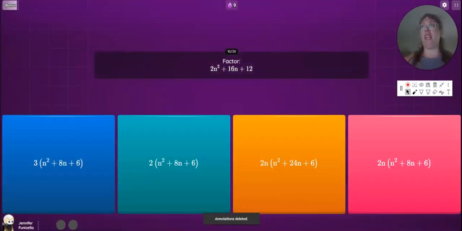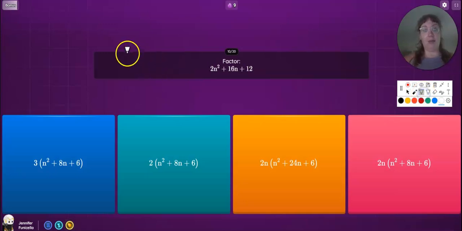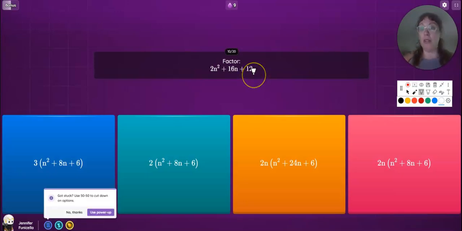Perfect. Question 10. 2n squared plus 16n plus 12. So we're looking for that GCF to factor out. We notice that the last term does not have an n, so we're only going to be factoring out a number. The only numbers that go into 2 are 1 and 2. 2 goes into 16 and 2 goes into 12.